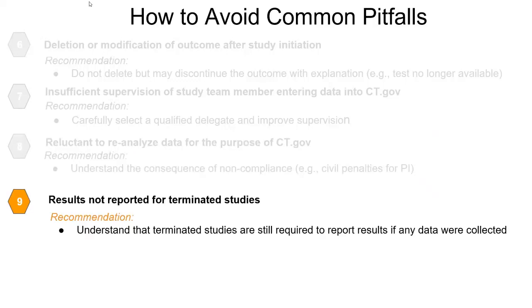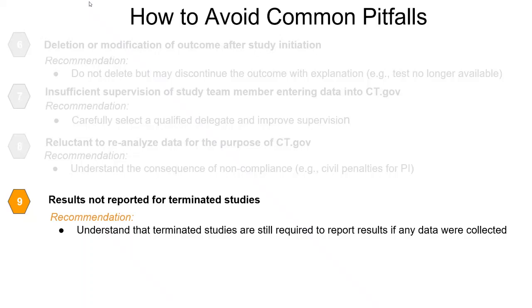The other observation is results not reported for terminated studies. Please note that any data that is collected, even if it is for one subject, needs to be reported. We recommend that you use the analysis population description section within the record to explain why the rest of the data is not available.